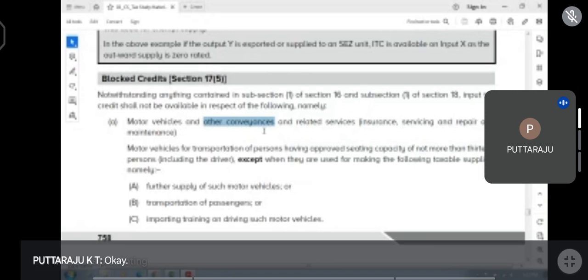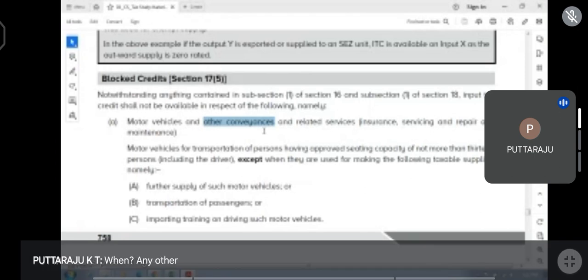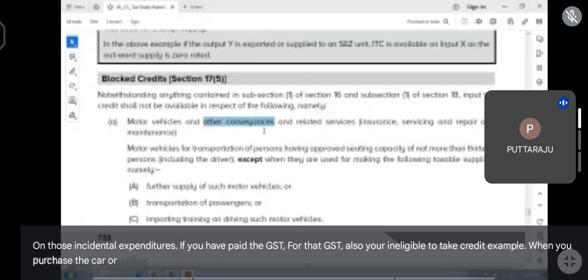Okay. Next. When any other incidental expenses incurred with respect to those motor vehicles for which there is a block, on those incidental expenditures, if you have paid the GST, for that GST also you are ineligible to take credit. Example, when you purchase a car or motor vehicle, you purchase the insurance also.